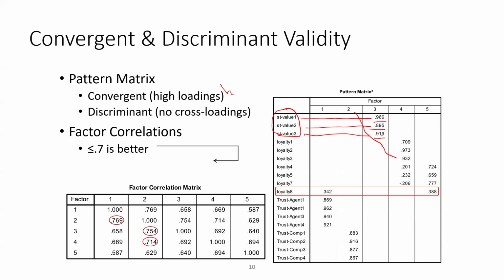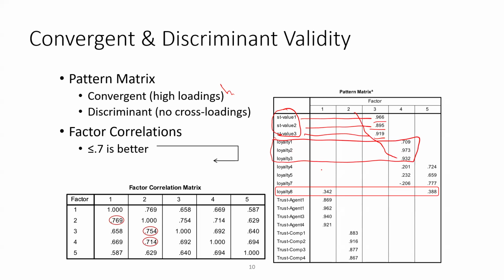What it means is that we have established convergent validity. Here also loyalty 1, 2, up to 3 loaded onto the same factor and the loading is also greater than 0.5. That means we have established convergent validity.